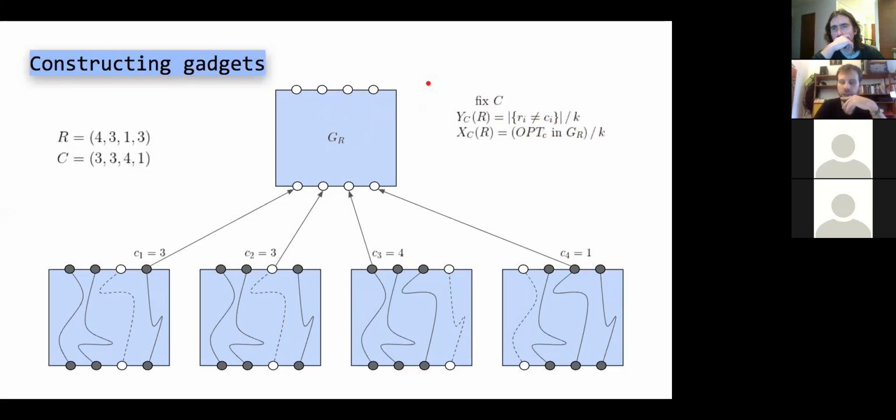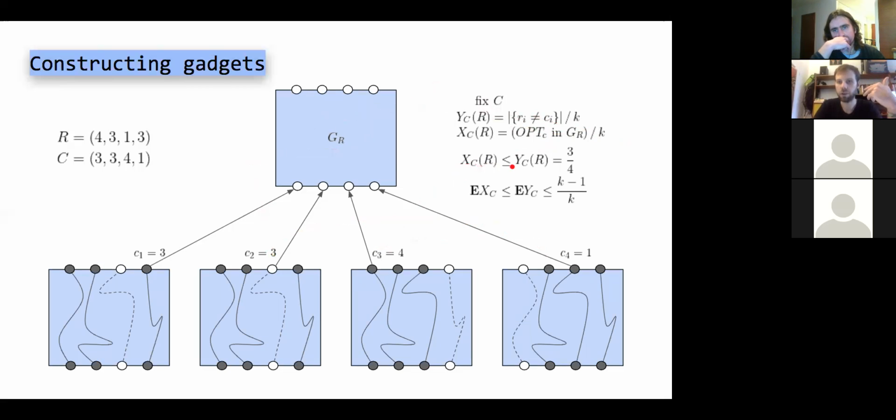So this is again a fraction. So in this example, we can see that y of c is 3/4 because in 3 cases we've hit the right sinks and once we hit a wrong sink.